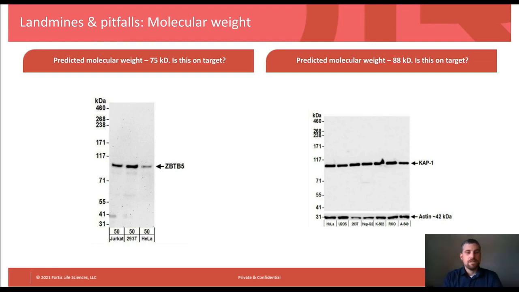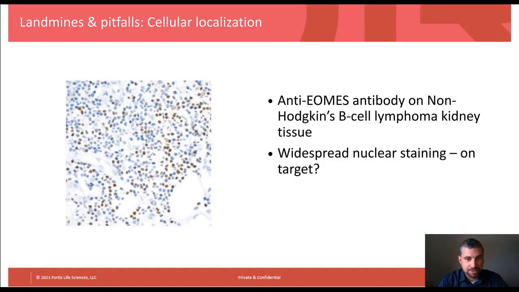Something else that can be particularly tricky with antibodies is falsely associating the localization of antibody-derived signal on a tissue sample. Here we've got a non-Hodgkin's B-cell lymphoma kidney tissue that we've stained with an anti-EOMS antibody, and we know that EOMS is nuclear, and we're seeing very clear nuclear staining on this slide.